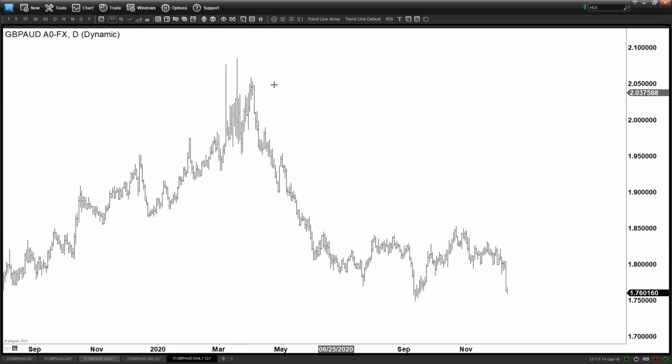Now let's zoom out here, looking at the daily chart very quickly. Now we can see this is the March high, and from here we got what looks like 5 waves down, followed by a correction, followed by what looks like it wants to continue to go down, right?